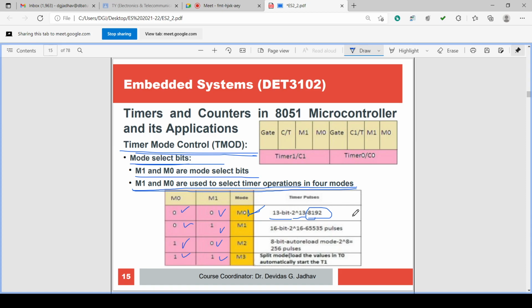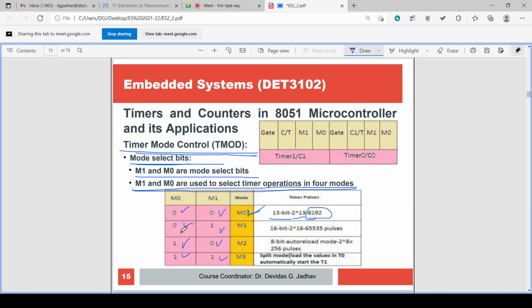Total 8192. If we go for mode 0 with M0, M1 00 setting, then there will be 13 bits in the timer and we will have 8192 pulses.